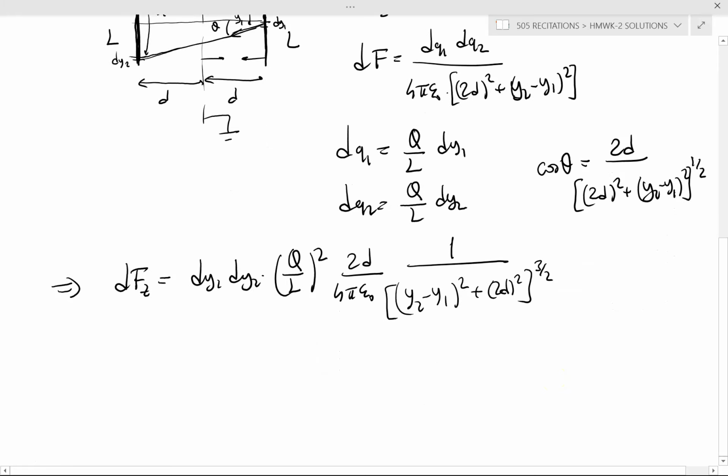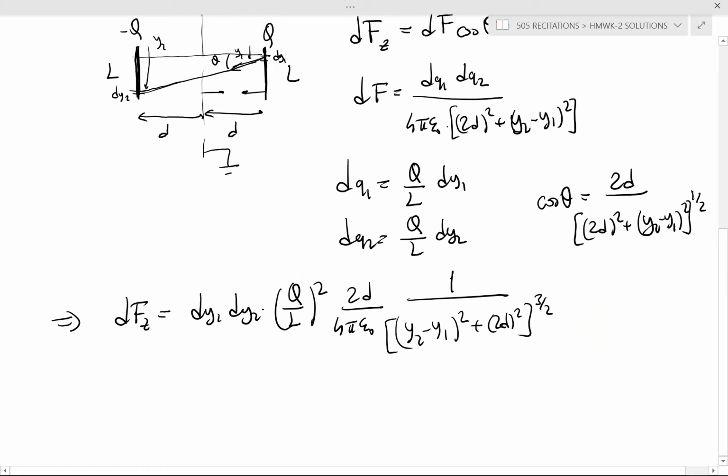Okay, let me quickly check. Yes, 2d Q over L squared, etc.